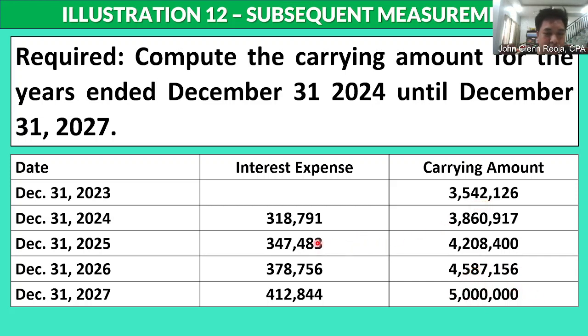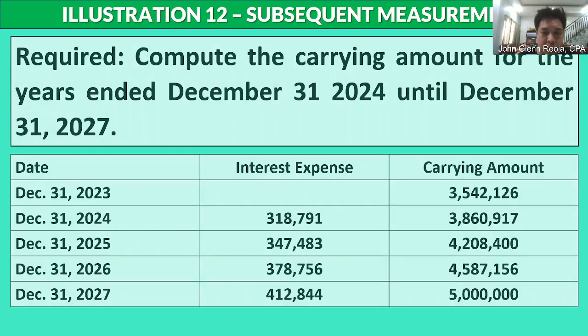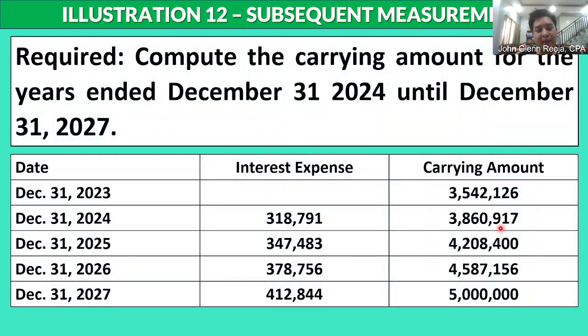So, how about this one? Paano kinompute yung 347,483? So, yung carrying amount as of December 31, 2024, that is 3,869,917 times the discount rate na 9%. So, 3,869,917 times 9%, that is 347,483. Ano yung gagawin sa interest expense? We need to add.